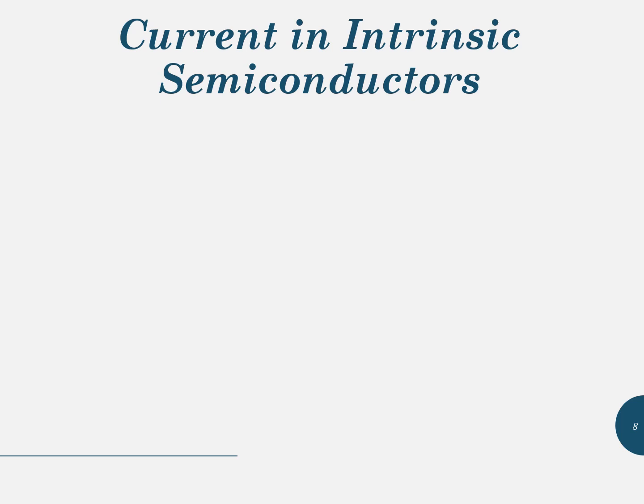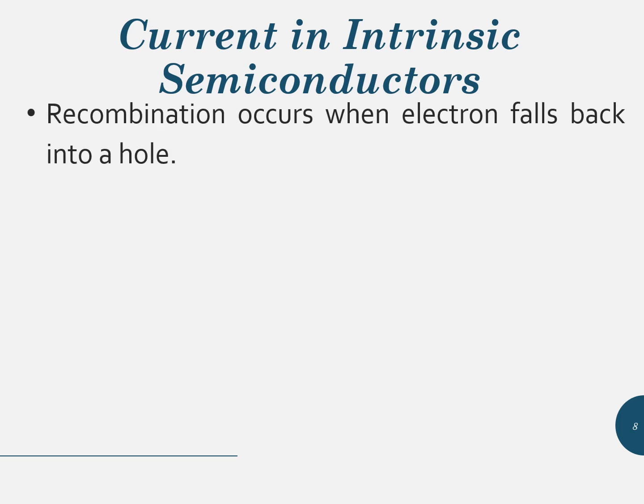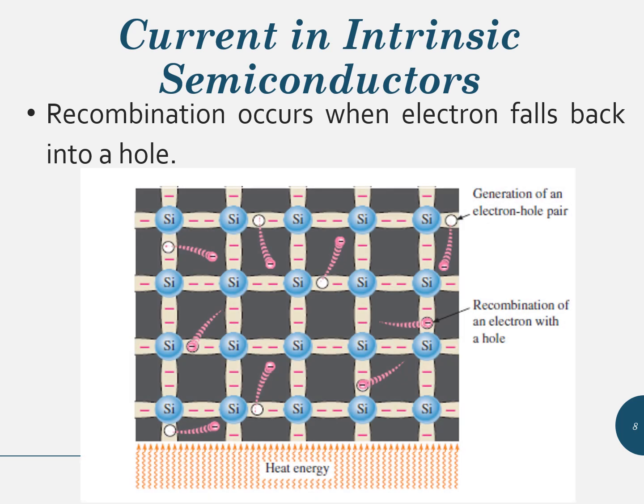Now, what is recombination? Recombination occurs when a conduction band free electron loses its energy and falls back into a hole in the valence band. This figure illustrates electron hole pairs in a silicon crystal.